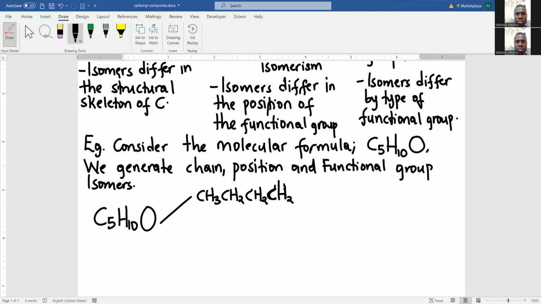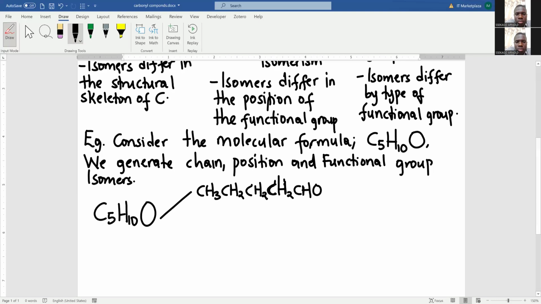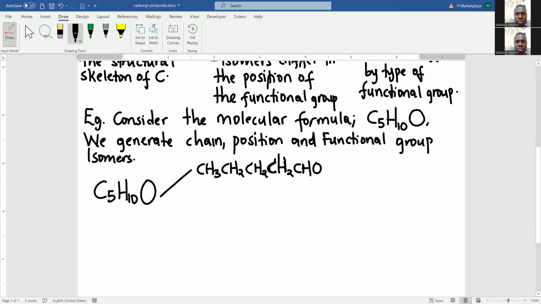How many are those? Those are 4 carbon atoms, then CHO. You can see that the carbon atoms are 5. Hydrogen atoms are also 5, 1 oxygen. Then I can also decide to create a branch.